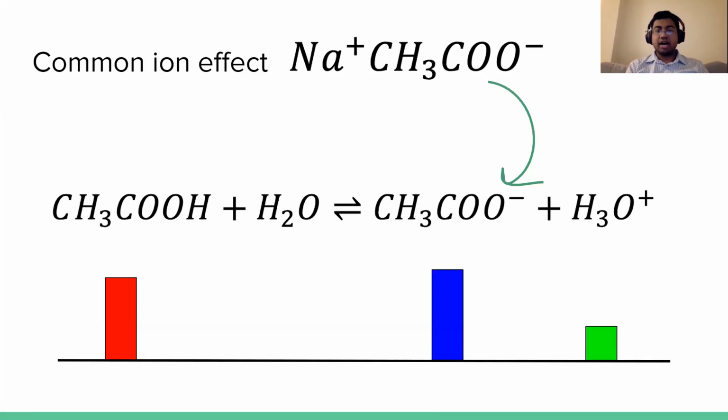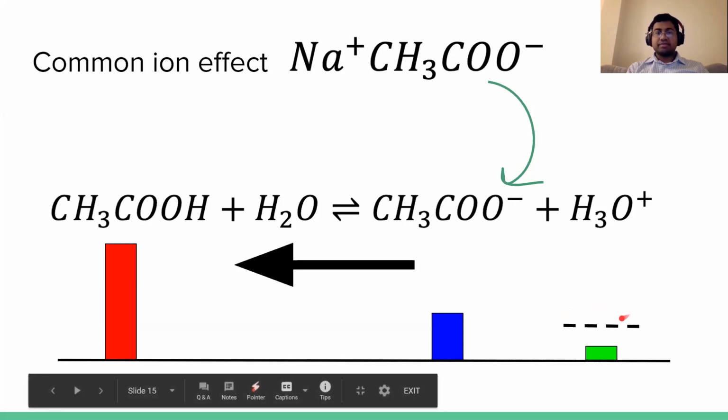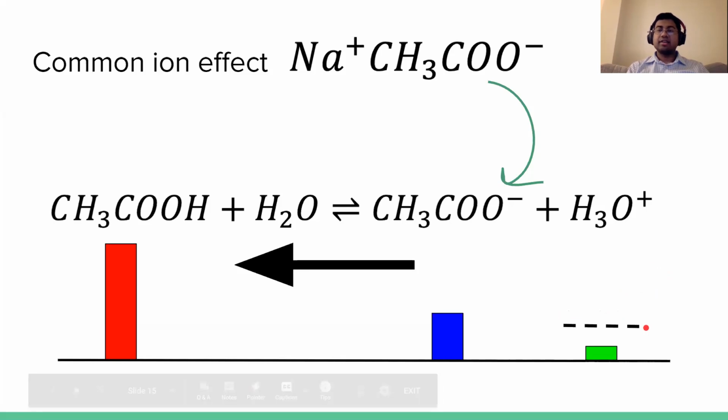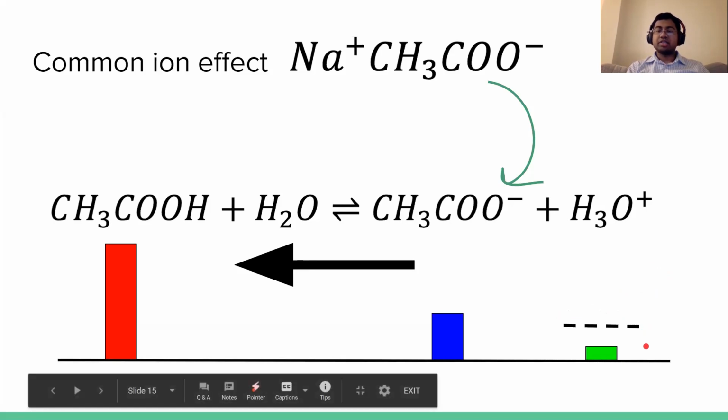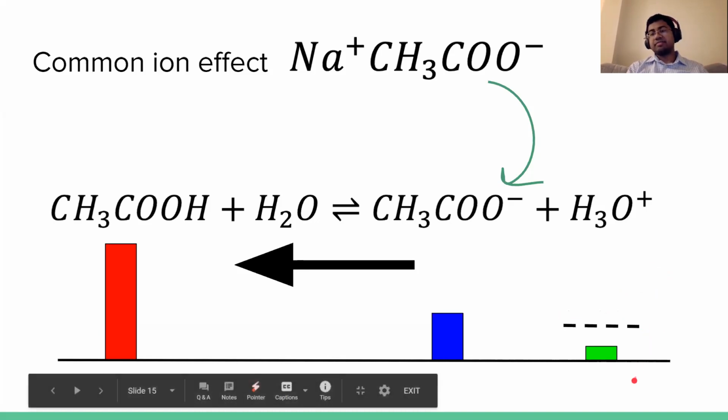So the acetate levels are too high, and Le Chatelier's principle says the reaction is going to shift to the left. The reverse reaction accelerates, so we consume acetate and hydronium ions to produce acetic acid. That reduces our acidity. Now we have our old acidity value here, but because of that excess acetate, we've reduced the amount of dissolved H3O+, which reduces the overall dissociation of the acid, which reduces the acidity.